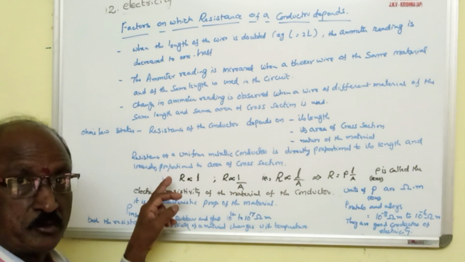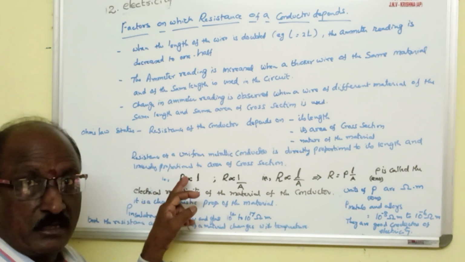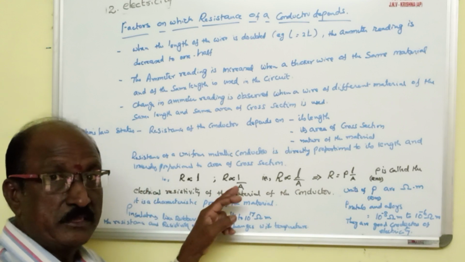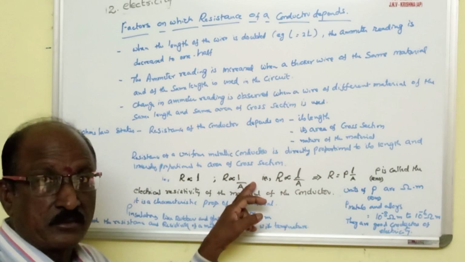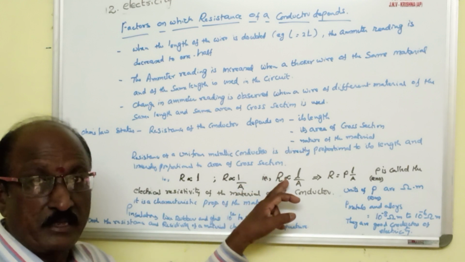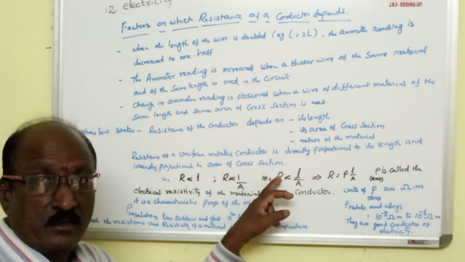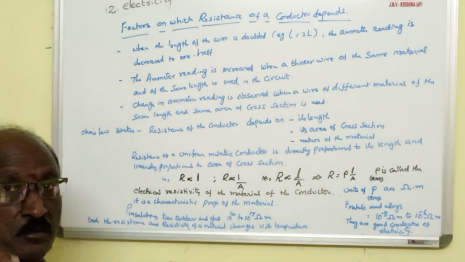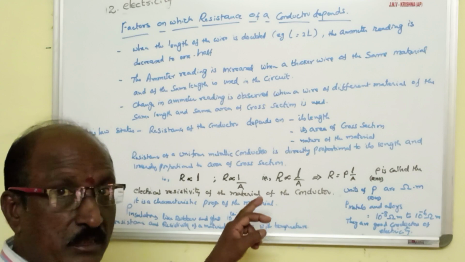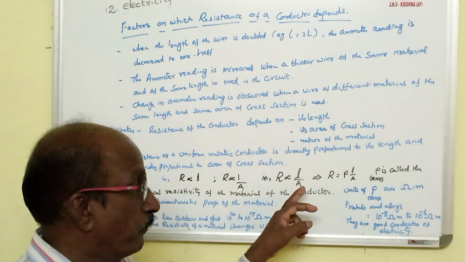If we combine these two, R is directly proportional to L by A. If we remove the proportionality with a proportionality constant, R is equal to rho L by A.